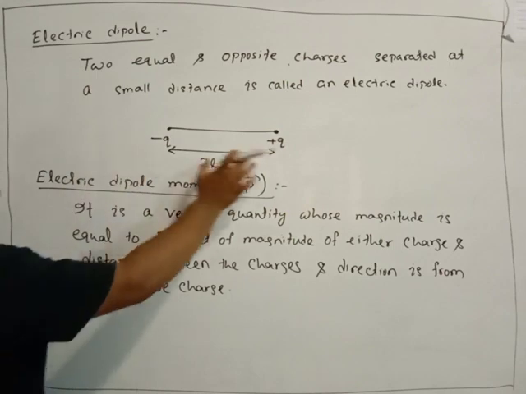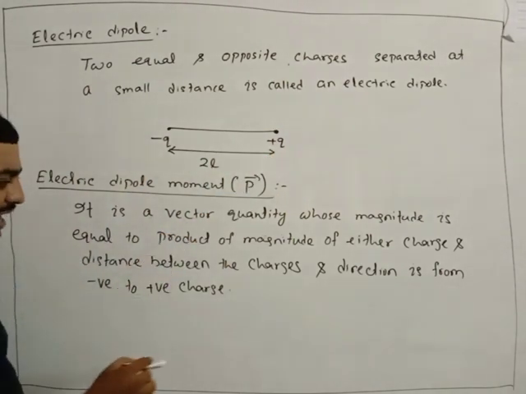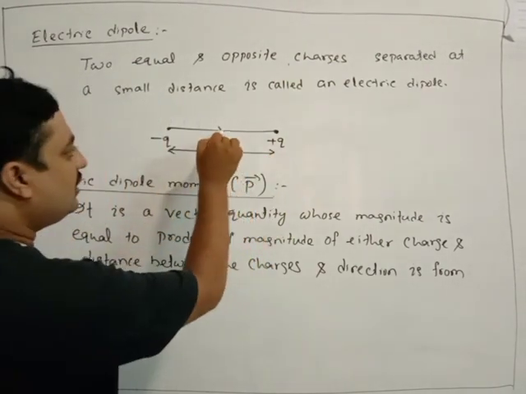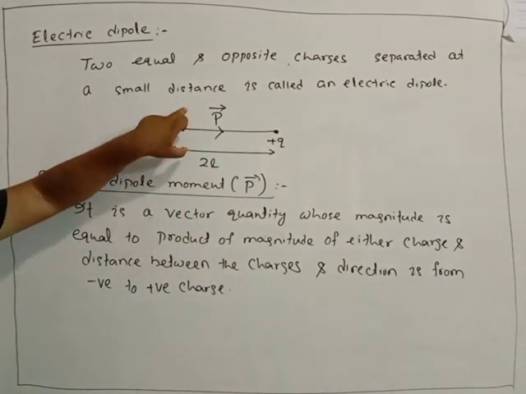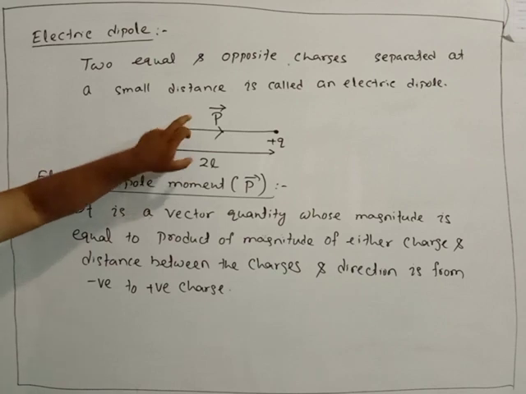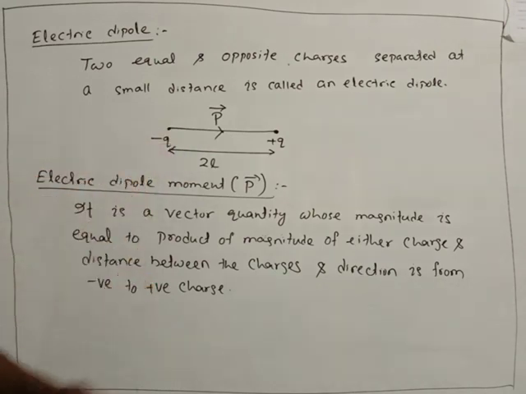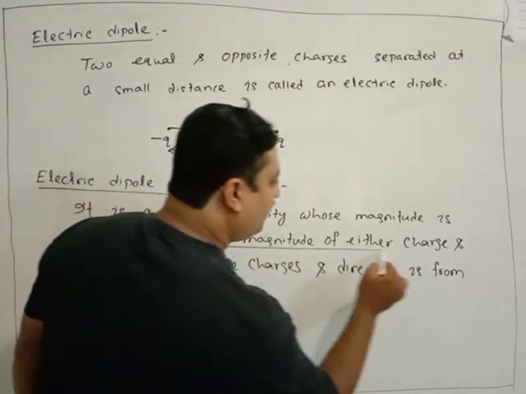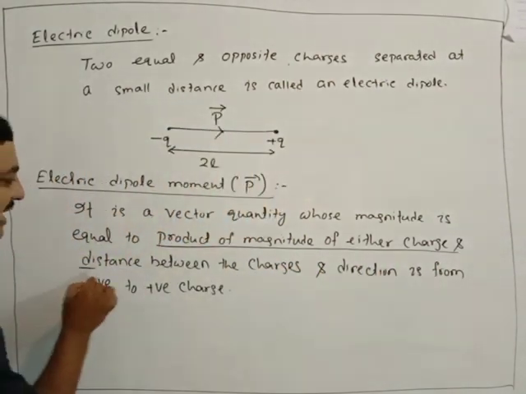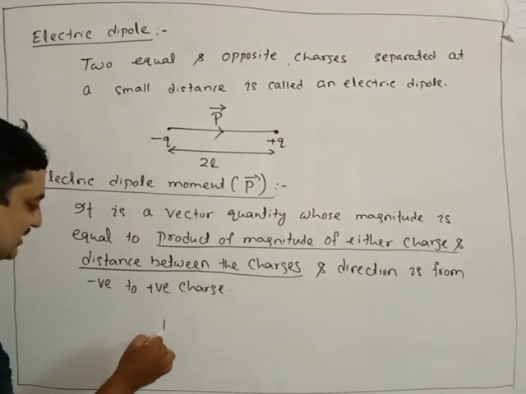So let this be the dipole. What is our dipole moment? Dipole moment is P. Now P is a vector quantity, so it has magnitude and direction. What is the magnitude? Product of magnitude of either charge and distance between the charges.